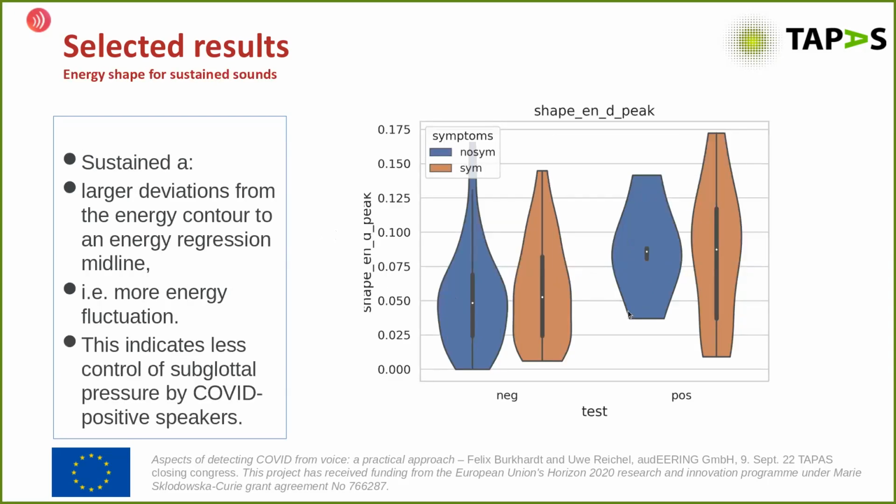Sustained A, R, so the larger deviation from the energy contour. So it's based on a regression midline, and then the deviation was stronger if you have corona COVID. And so this indicates less control on subglottal pressure. Possibly.